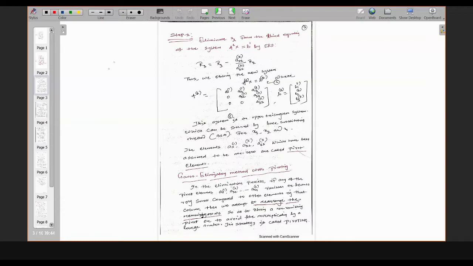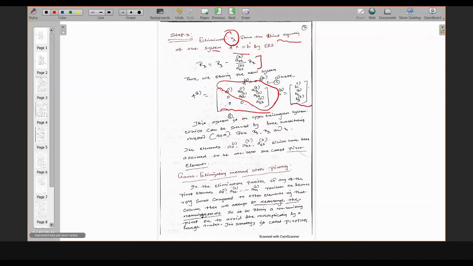You can see what I did here: I applied elementary row operations to eliminate x2 from the third equation of the system Ax equals B. After applying elementary row operations to the third equation, the resulting coefficient matrix takes this form. Now you can see this is your upper triangular system, and this is your right hand side vector.